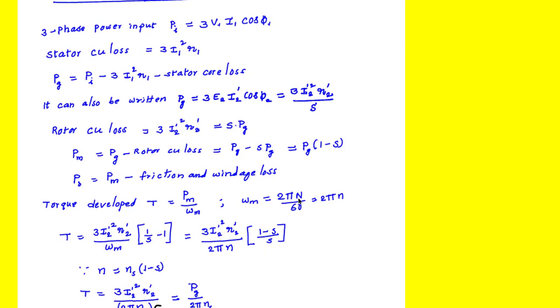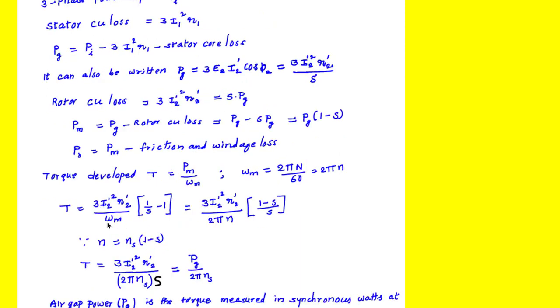The rotor speed is n, the speed of the rotor. So 2 pi n by 60. We can write it as 2 pi small n, where small n means revolutions per second. So n by 60 gives revolutions per second. We are going to substitute that here to get the torque developed.